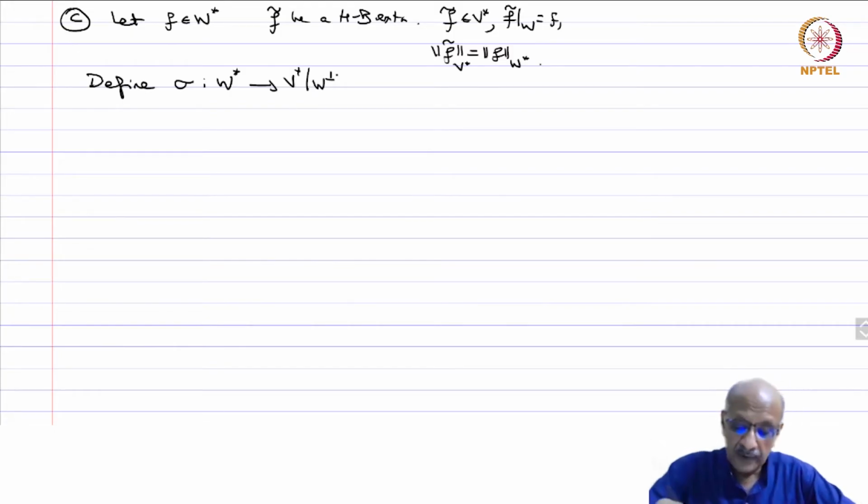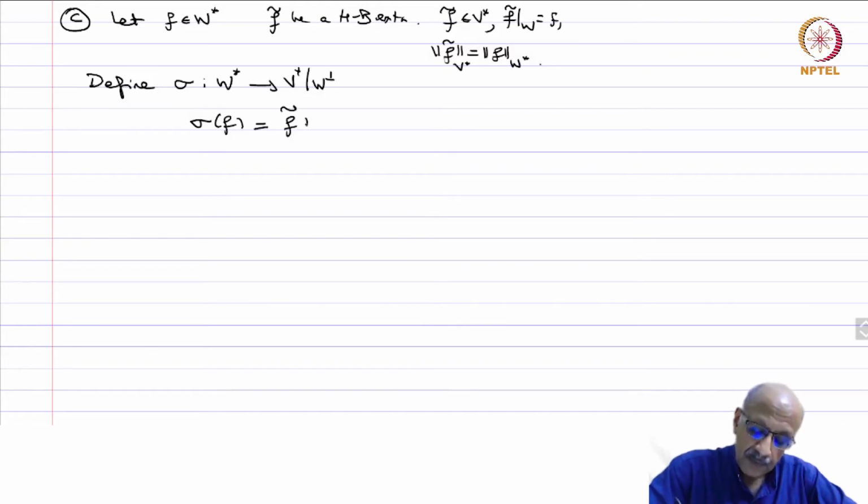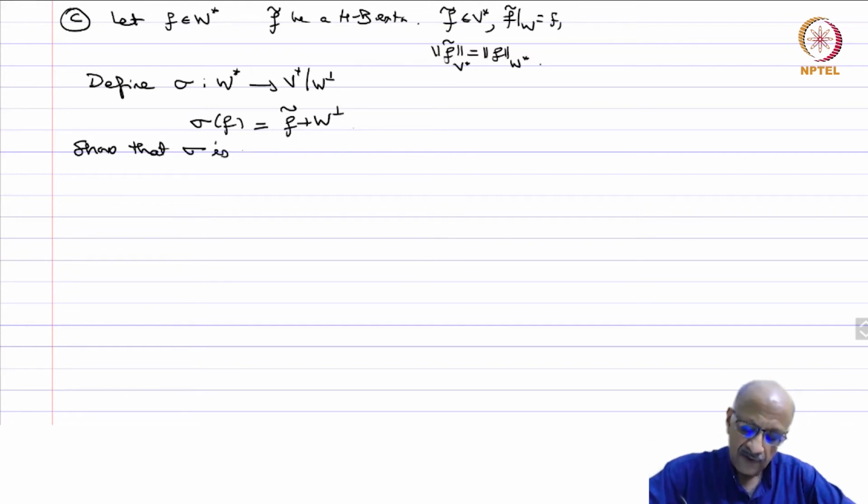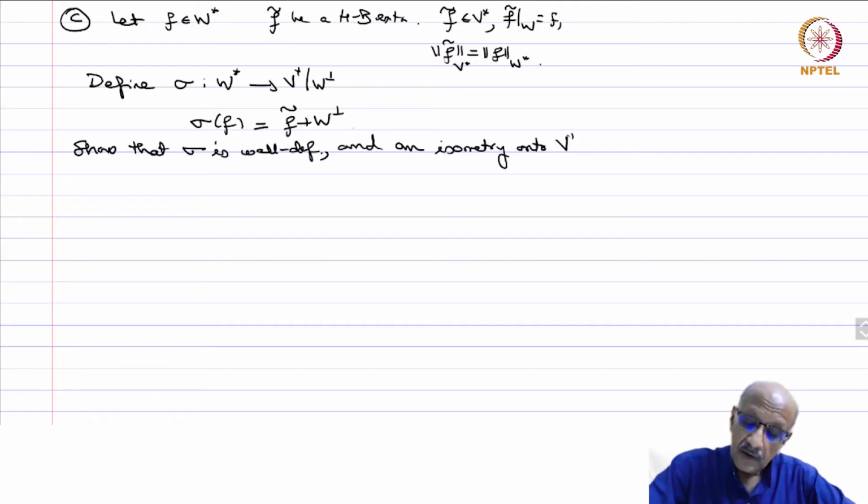W perp is a closed subspace, so this quotient is well defined, and sigma of f equals f tilde plus W perp. Show that sigma is well defined and an isometry onto V star by W perp.